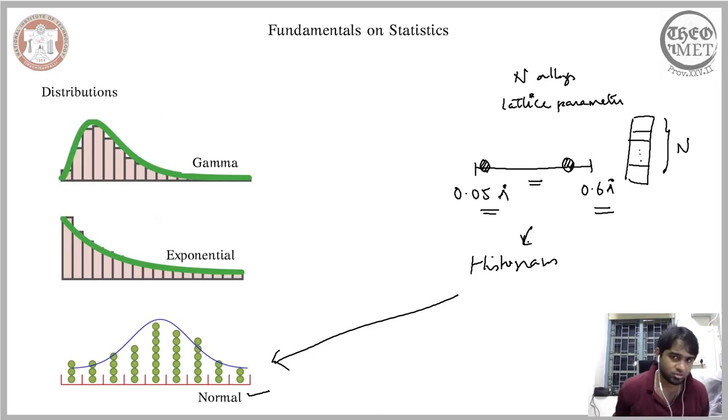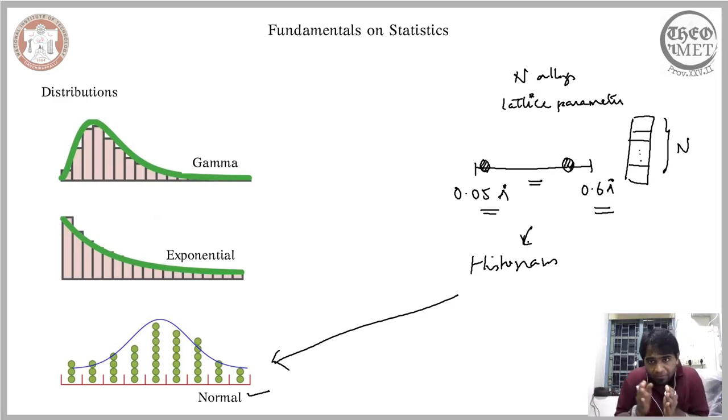Now it is also possible that in some materials, a major portion of the alloys would assume a value in the lowest range. In some combinations of elements, the major portion of the n alloys might be concentrated at the least lattice parameter.